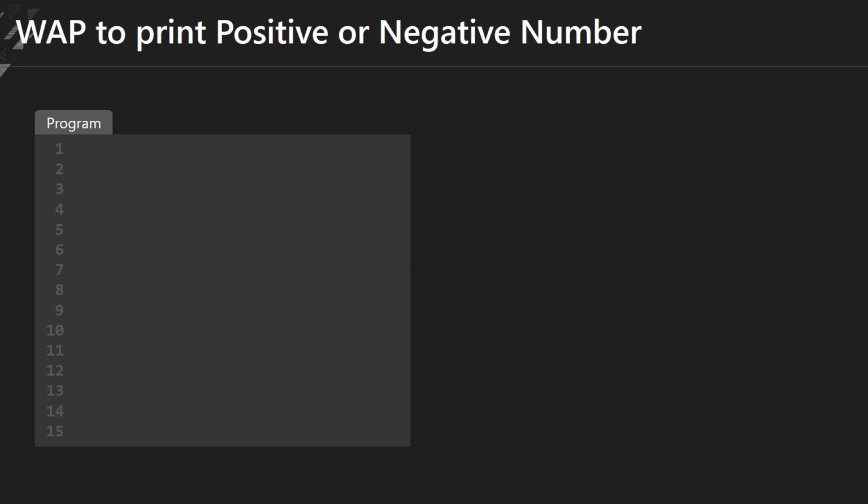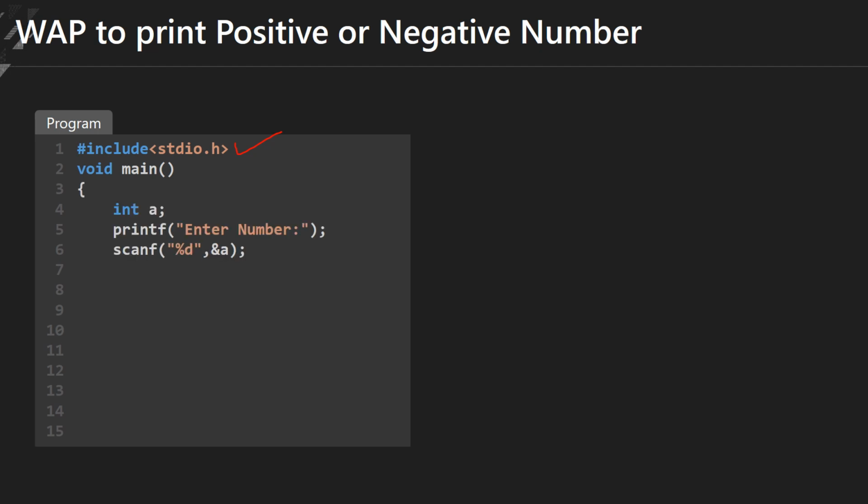Then immediately jump to another example: print whether a number is positive or negative. So how do you write it? I have to check whether the given number is positive or not. So as usual, you start with the preprocessor. Then the entry point of the program is void main. Then you read one number, enter a number.